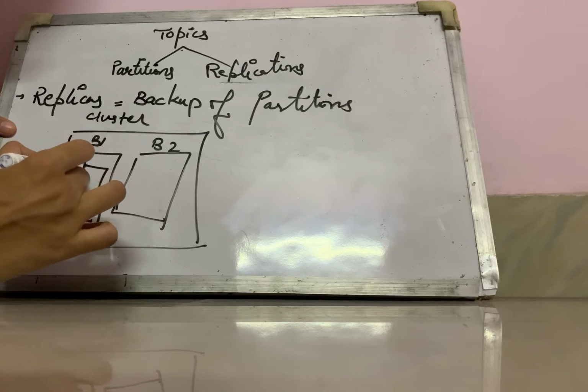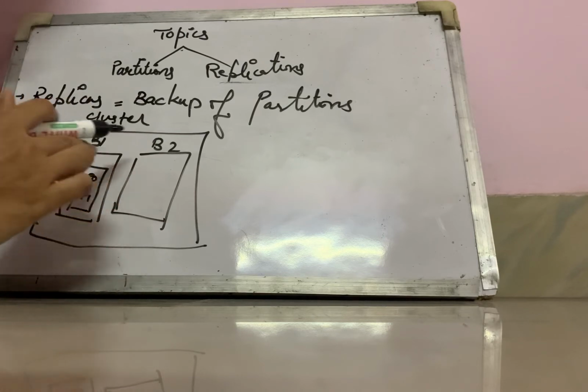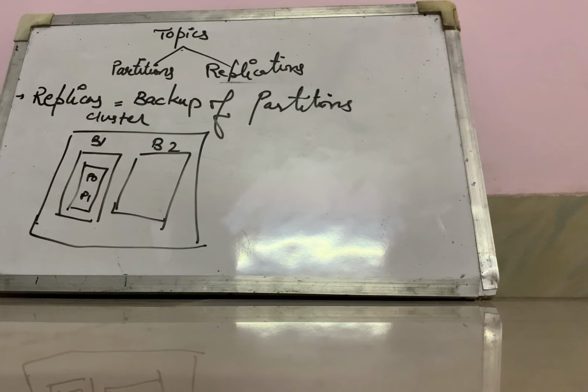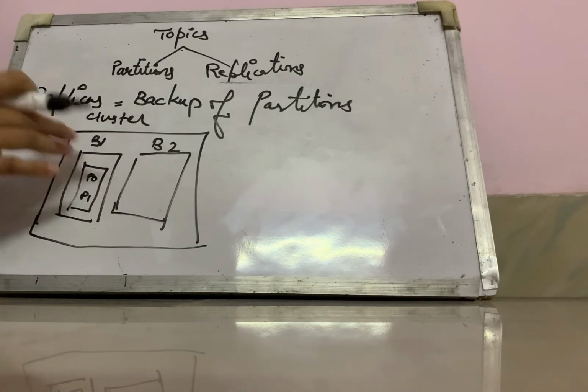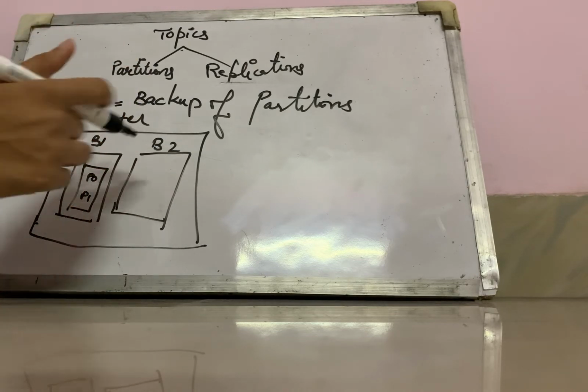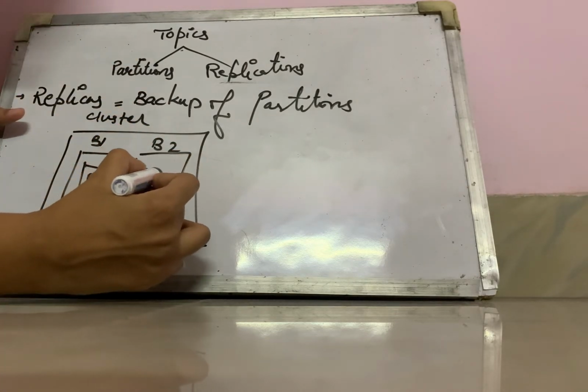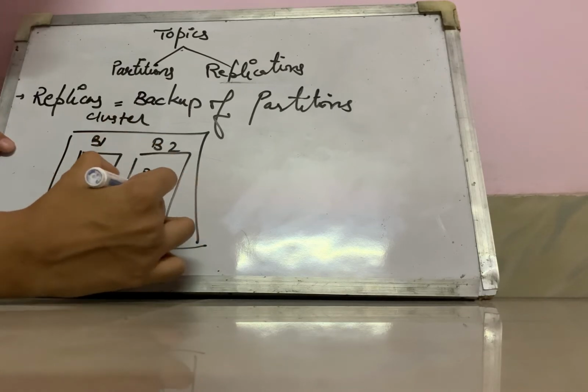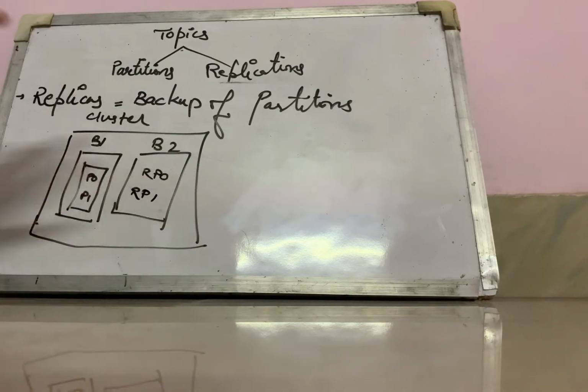In that topic, partition 0 and partition 1 are present. We definitely need to create the replicas, and the reason is very clear to all of you. So we will create the replicas here in another broker. So we have created the replicas of partitions.